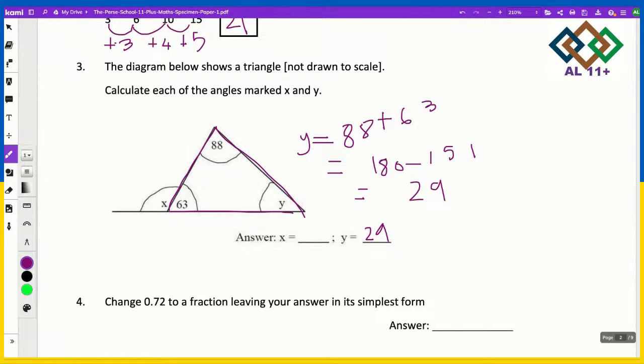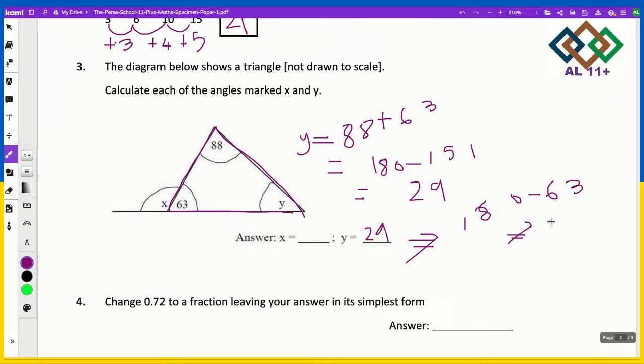To find x, you just have to do 180 degrees minus 63 degrees.